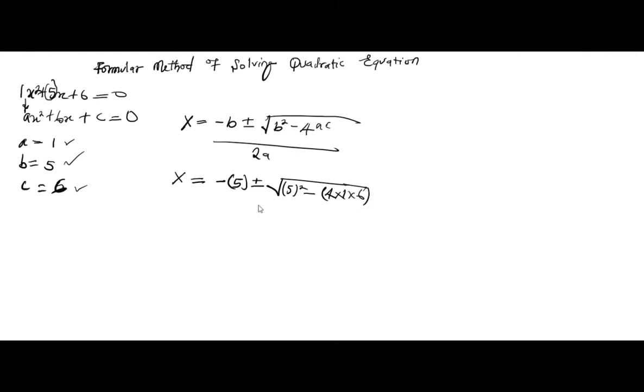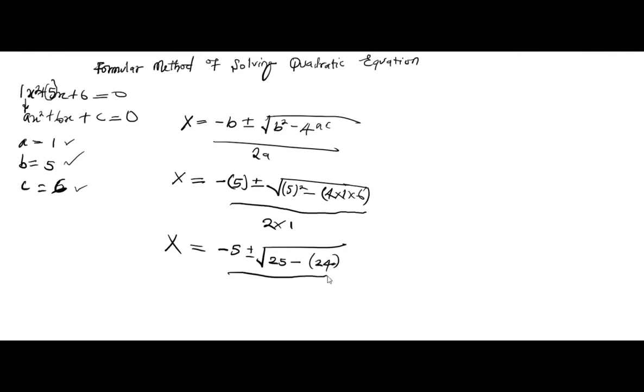So bracket closes all over 2 times a is 2 times 1. So our x equals to, we have negative 5 plus or minus, we have square root of 5 squared is 25 minus 4 times 1 is 4 times 6, we have 24, bracket closes, all over 2.